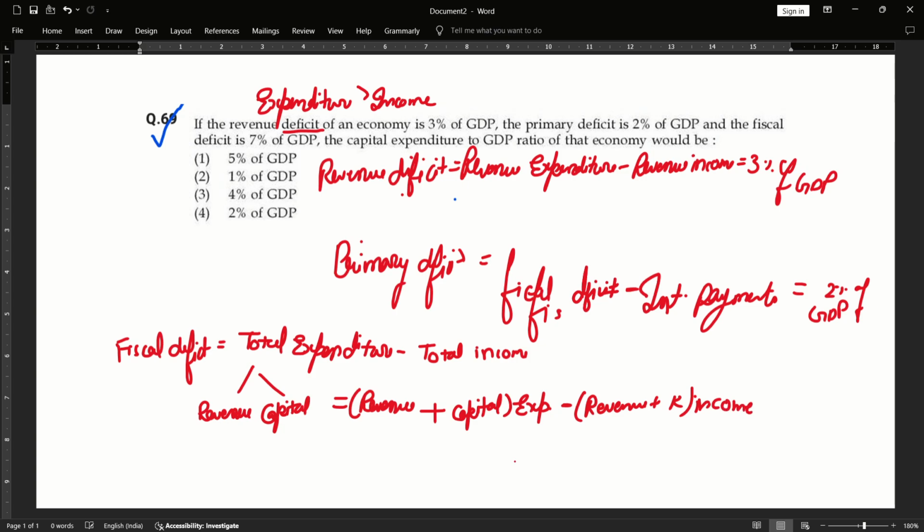Okay, now see, I can write it as revenue expenditure minus revenue income plus capital expenditure minus capital income, and this all gives us equal to 7% of GDP.